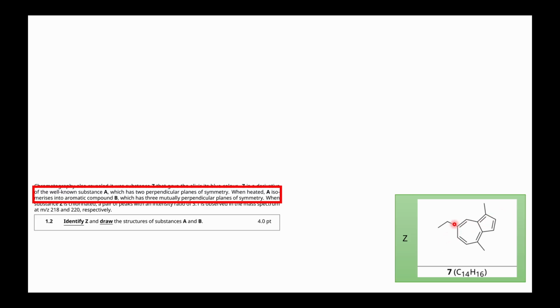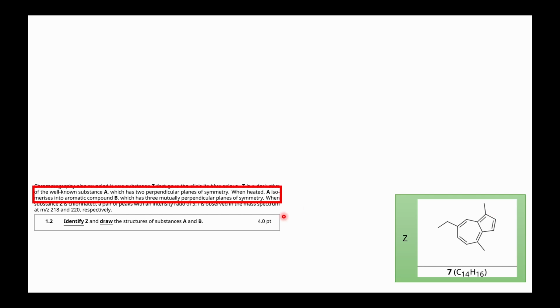The only thing preventing it from being symmetrical are the substituents on the rings. So if we remove those, then Z becomes substance A. One plane of symmetry is here, and you can imagine it cutting down perpendicularly into the screen. The second plane of symmetry is here, in the plane of the aromatic part.